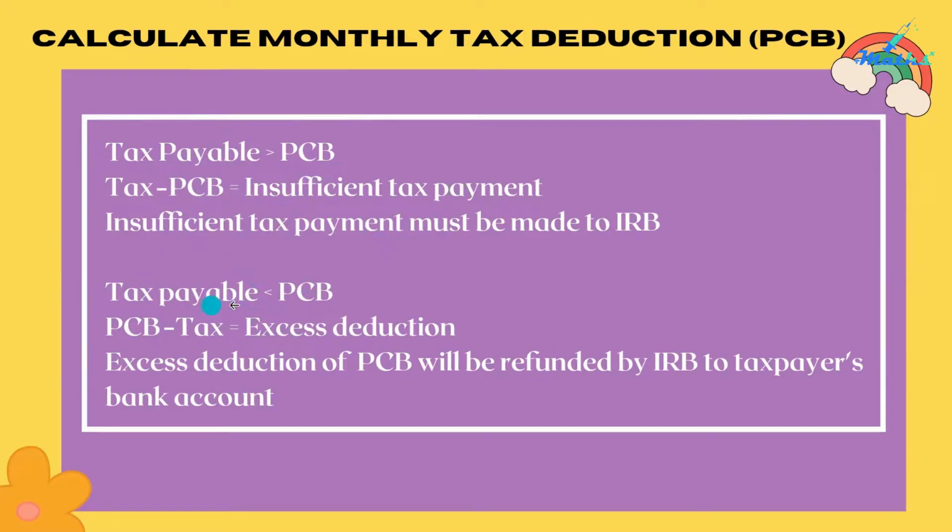If the tax payable is less than the PCB, then the PCB minus the tax is the excess deduction. The excess deduction of the PCB will be refunded by IRB to the taxpayer's bank account, because the taxpayer paid more than the PCB. So the tax will be refunded.